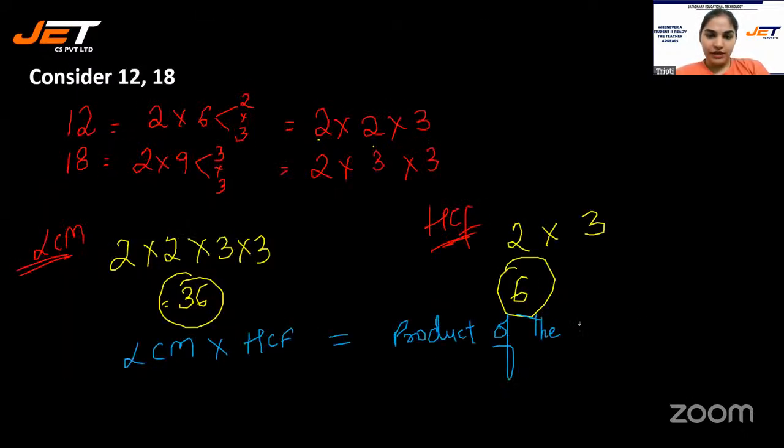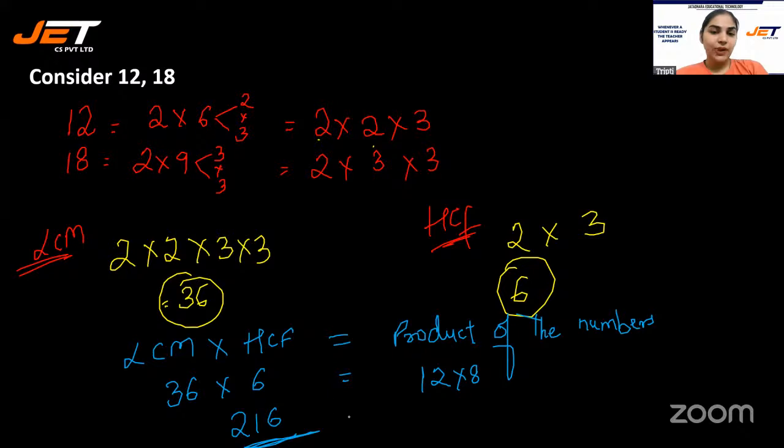LCM is 36, HCF is 6. It should be equal to the product of the numbers, 12 times 18. Let's see. 6 6s are 36, 6 12s are 72... I got 216 here. Wait.